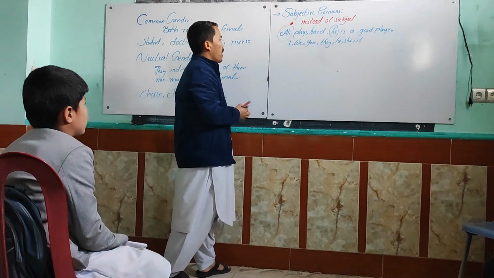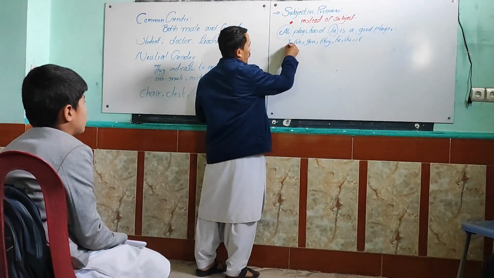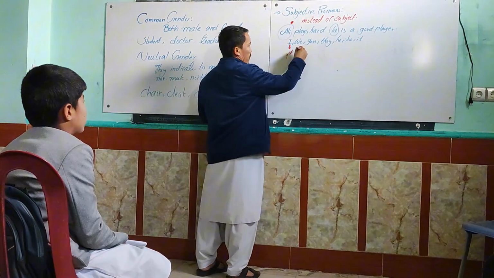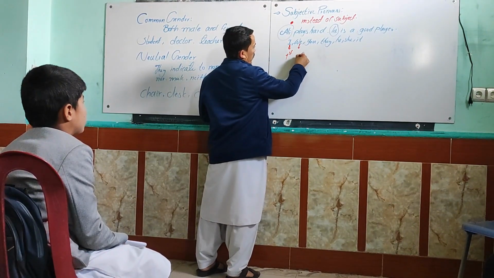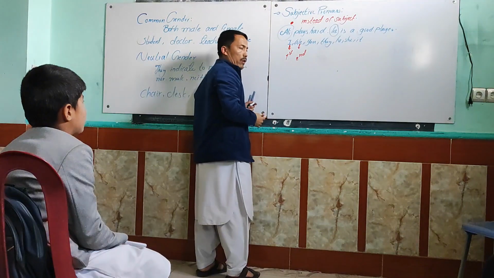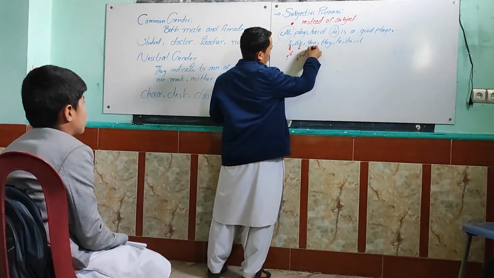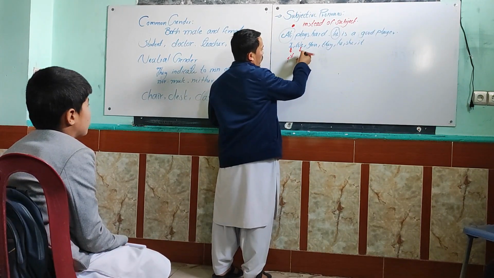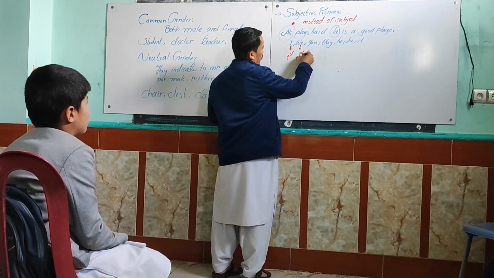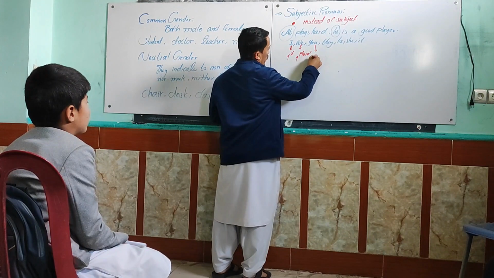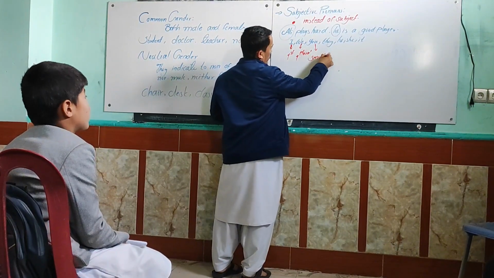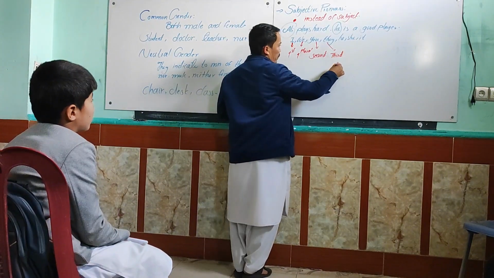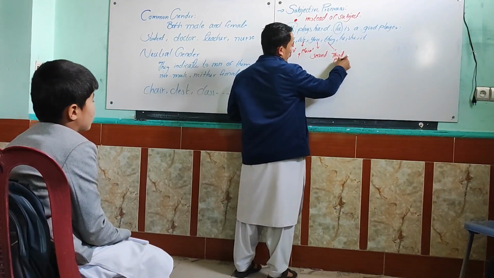Let's analyze. I is the first person. We is the second person. Okay. No, it's also the first person. I'm sorry. It is the first person, but what? Plural. You is the second person. What about they? Third person, plural.